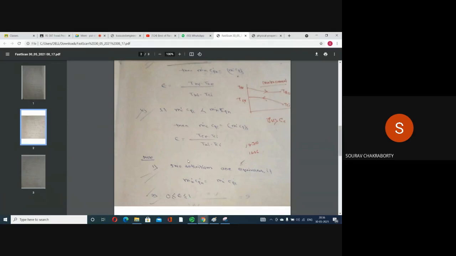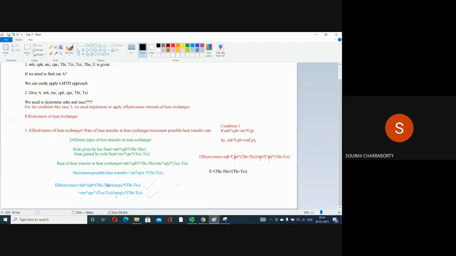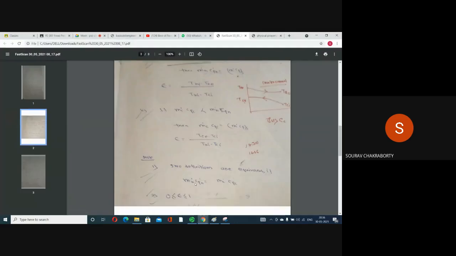One important note is that the two definitions are equivalent if MHCPH equals MCCPC. If both of them are equal, then the two definitions are equivalent. And the effectiveness value always varies between 0 and 1.